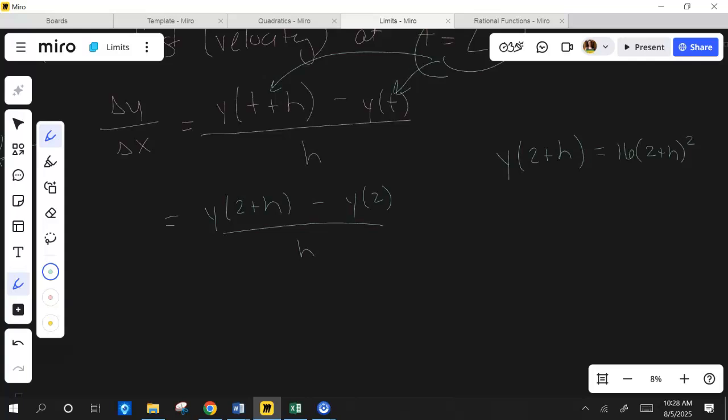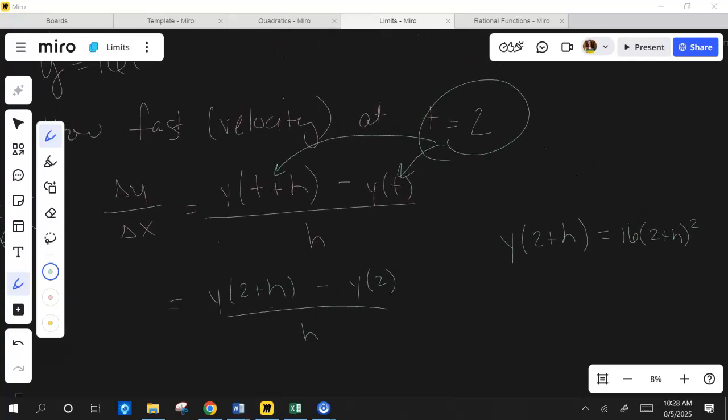I can FOIL that out. t is where I'm looking for that instantaneous change. So I'm leaving the h in here, because my goal is to get that to 0, but before I can get it to 0, I'm going to try to work this because I can't just throw a 0 in the bottom. It just doesn't work like that, right? So I'm just going to see what happens.